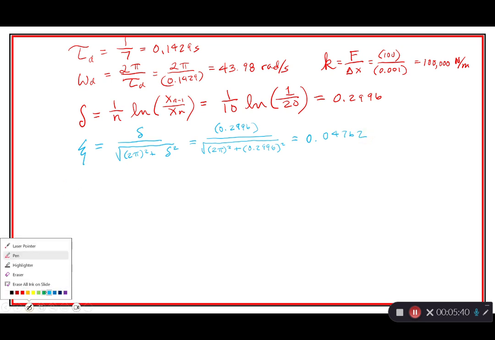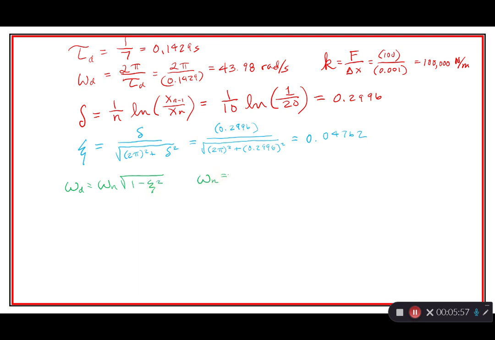And let's go to green, because we need more colors in this world. Because we know this is true, and we have the other things, the natural frequency is going to be the damped natural frequency divided by the square root of 1 minus our damping factor squared.